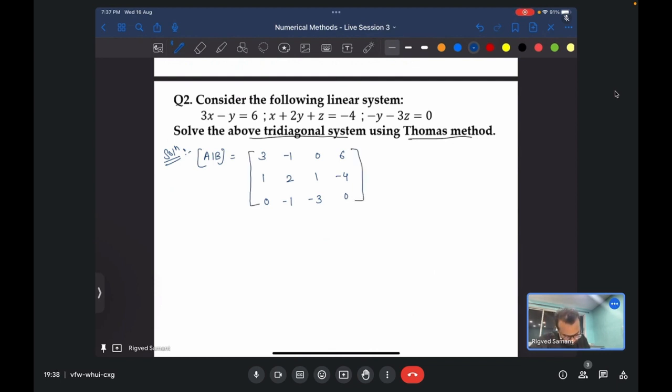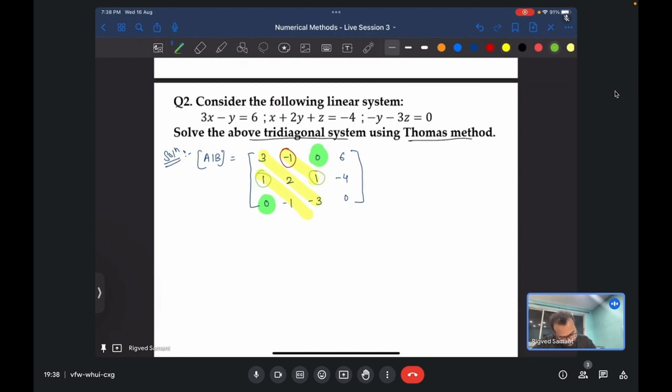If you see, this element is here, this element is here, and the third one is here.